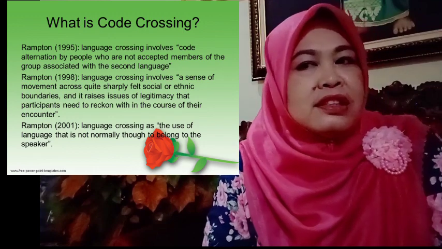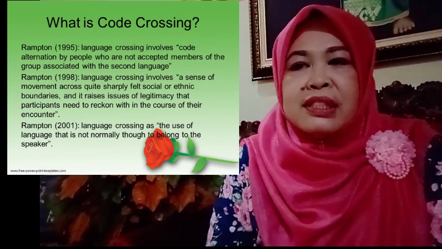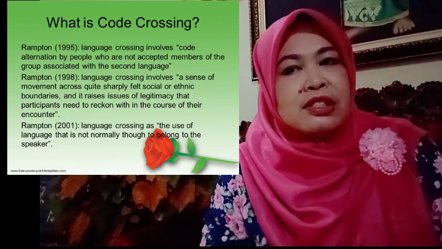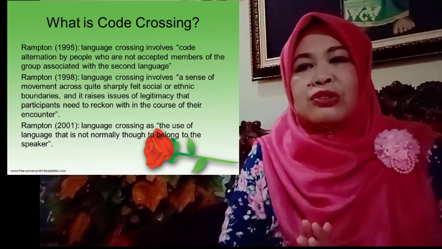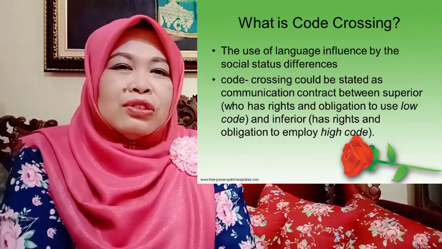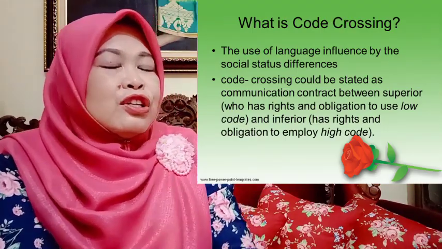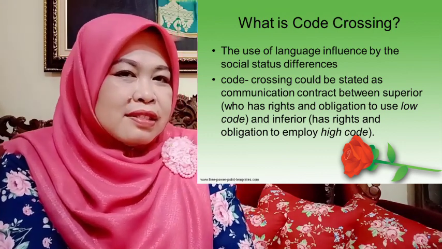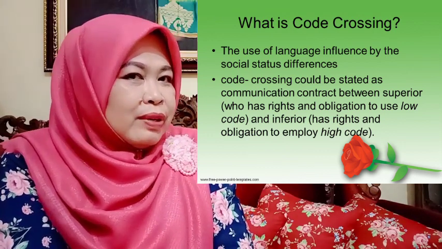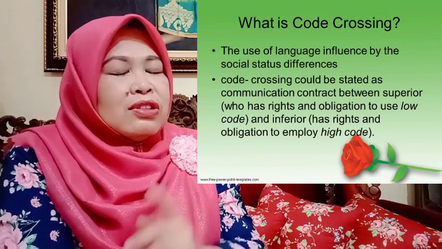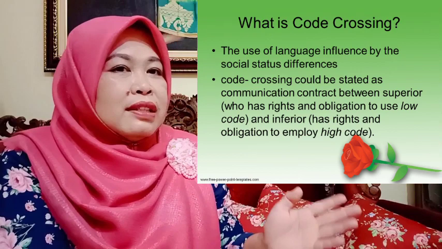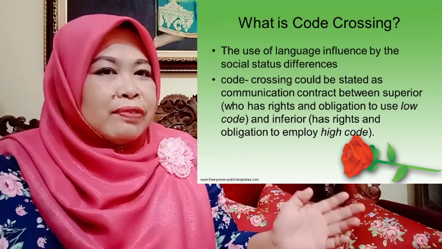Another definition, 2001, Rampton said that language crossing is the use of language that is not normally thought to belong to the speaker. One simple definition for code crossing is the use of language which is influenced by social status differences. Here we can say that code crossing is the communication contract between the superior and the inferior.